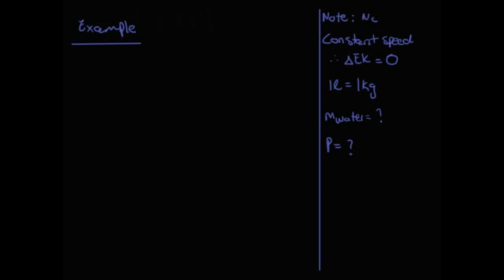Well, first things first, we need to calculate the work. The formula: the work of a non-conservative force is equal to the change in EK plus the change in EP, which is potential energy. We know that the change in EK is equal to 0, so that cancels out. Therefore, the work of the non-conservative force is going to equal the change in EP, which is equal to mg(hf minus hi).